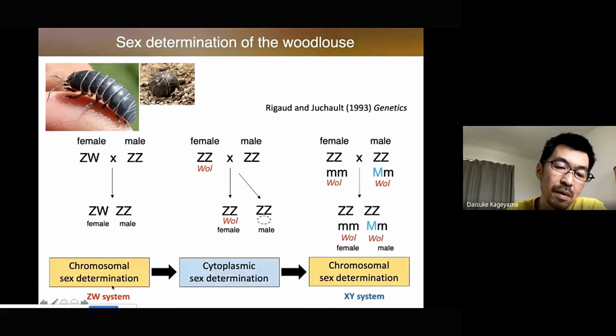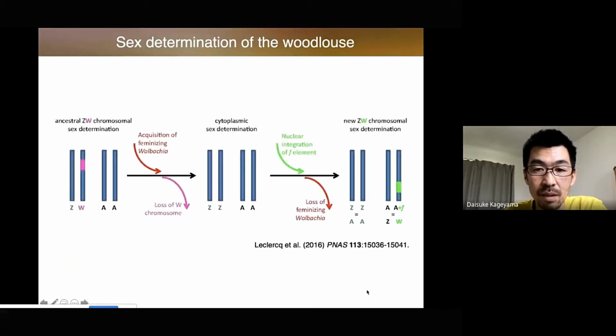By changing to cytoplasmic sex determination, they change the system from ZZ to an XY system. And they also found a different type of female determining element called the F element.